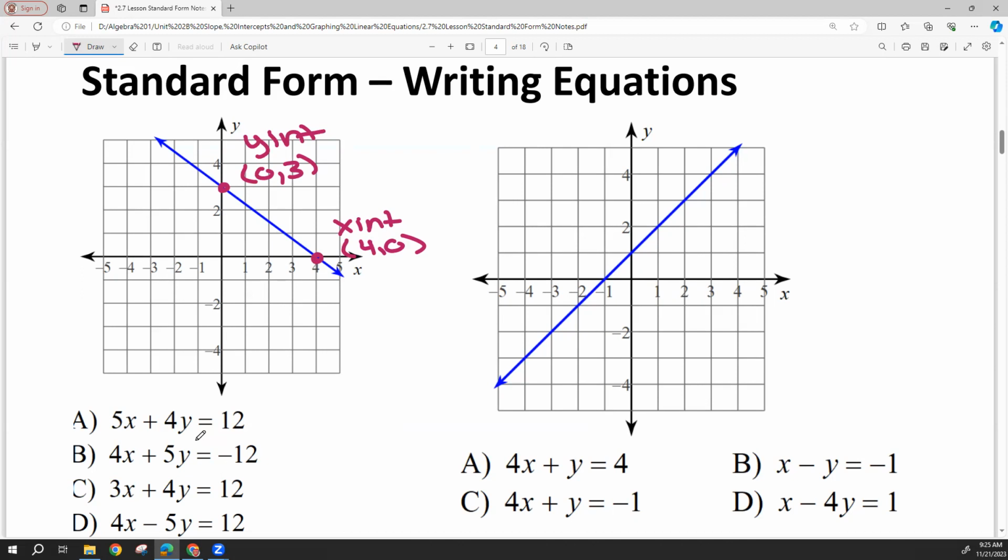And so we could look at each of these equations and ask ourselves, if we crossed out the y portion, which one would we solve and get x equals 4?